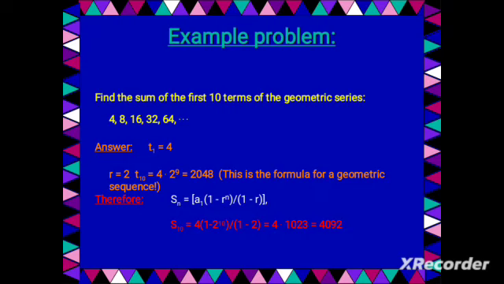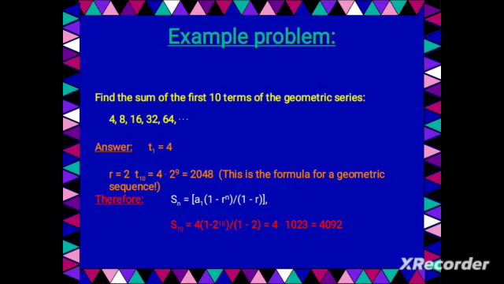So we have the terms, the 10th term will be 4 multiplied by 2 raised to power 9, that is 2048. Of course, we are getting the 10th term.